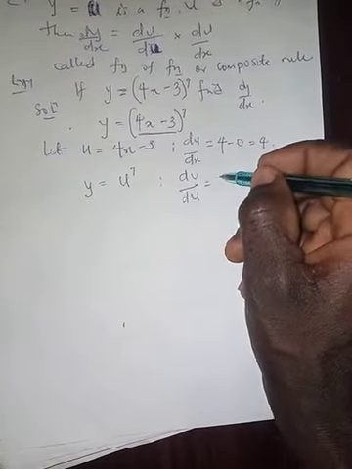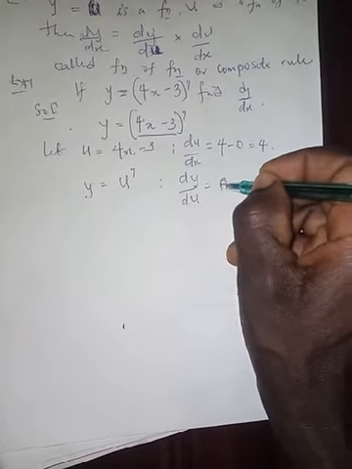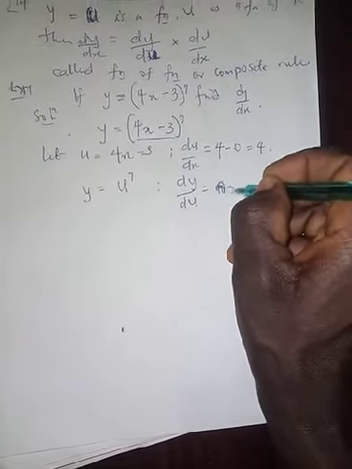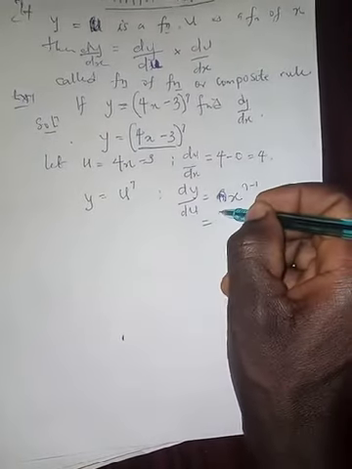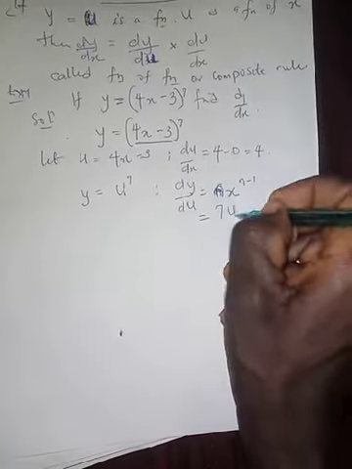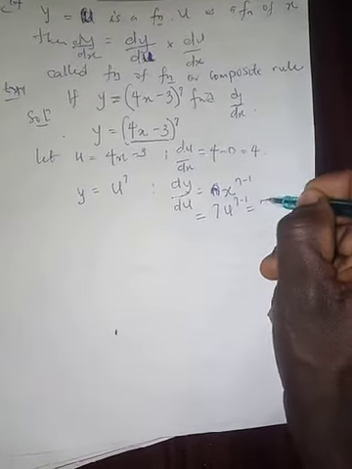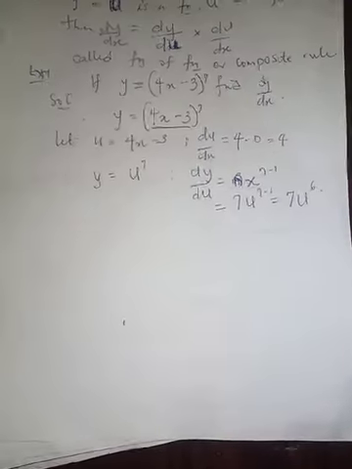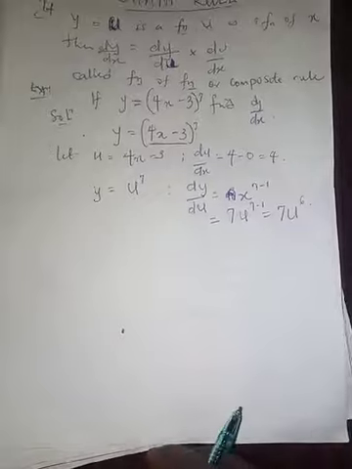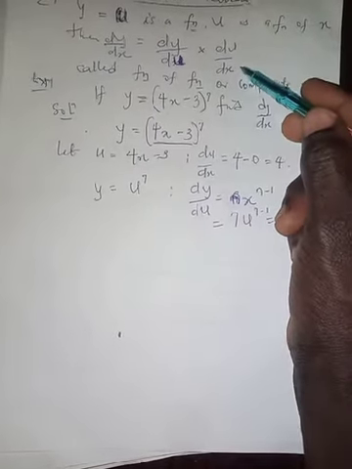Remember from the last video I said the formula is nx to the n minus 1. And if you say we have 7u to the 7 minus 1, which is same thing as 7u to the 6. From here now we can easily substitute into this formula that we have here.